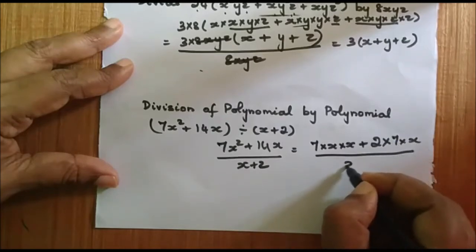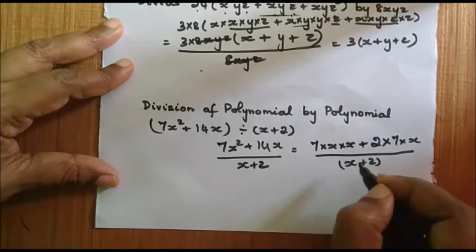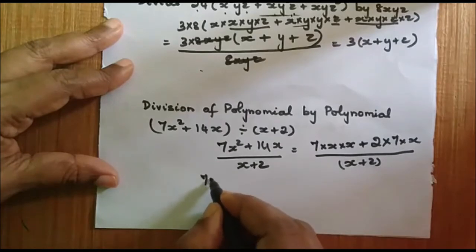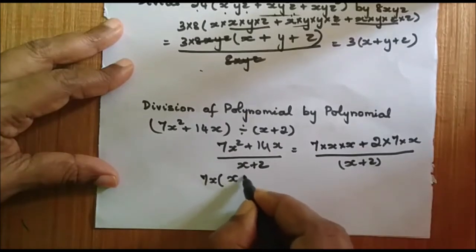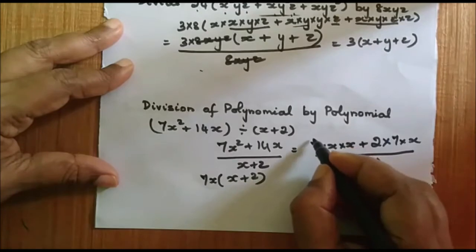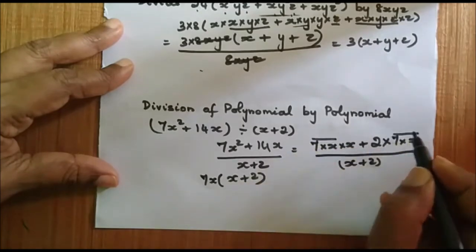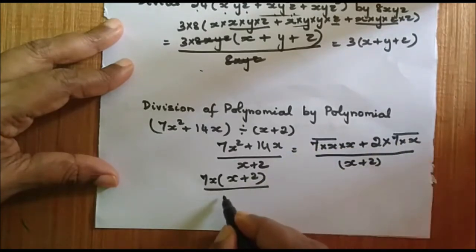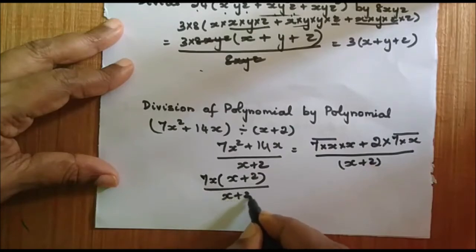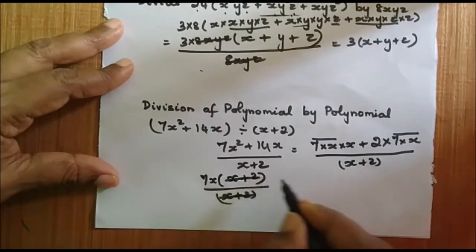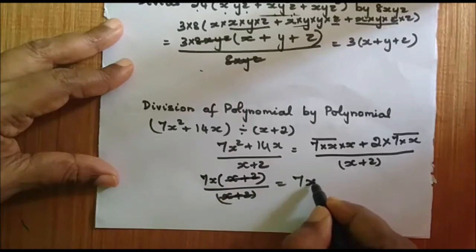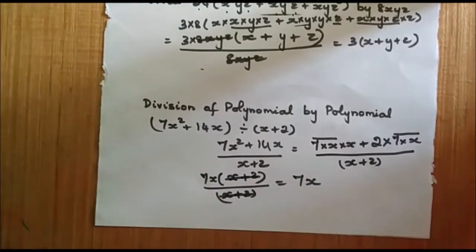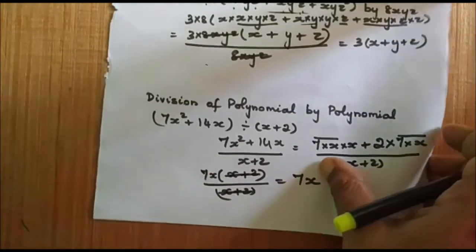So 7x is common, isn't it? So we can take 7x outside. I'll have x plus 2. Isn't it? When I take out 7x from this and 7x from this, the remaining term is x plus 2. There is already an x plus 2 in the denominator. I get 7x. This is how we divide a polynomial by another polynomial.